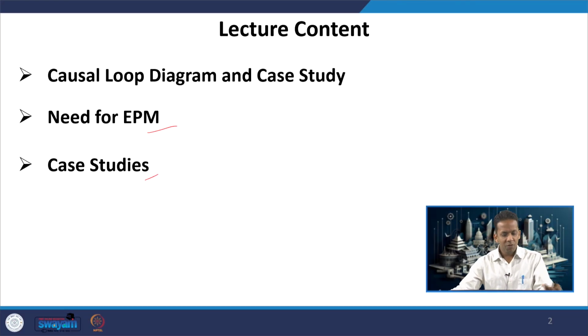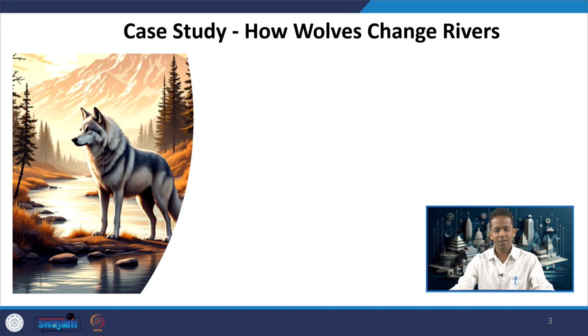So, before we start with the concept of CLD, that is causal loop diagram, let us look at one case study. This is a case study about how wolves change rivers, and this is a picture generated by AI.